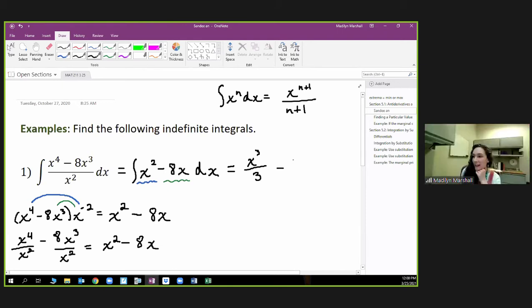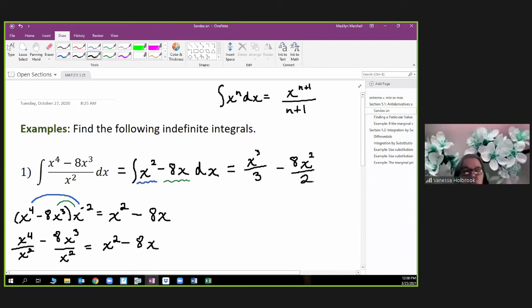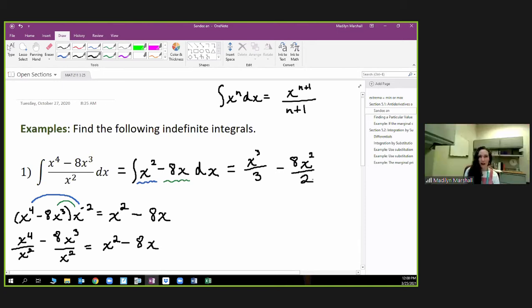Yes, and I'm just going to write it out in the steps just so we have them, but that is the correct simplified version. So we would raise the power by 1 and divide by that new power, but when we simplify it, that is going to be minus 4x squared.